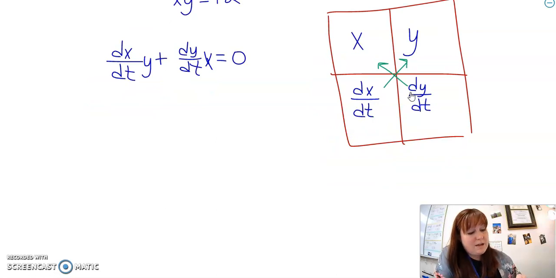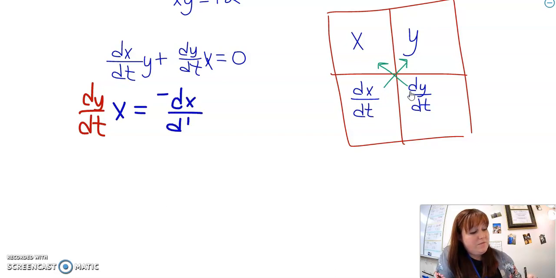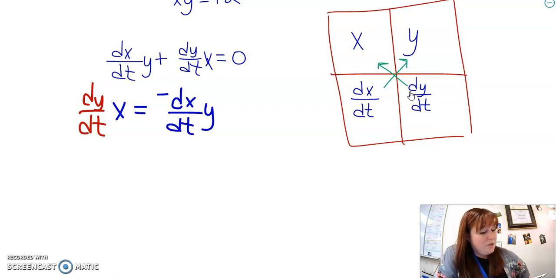So we subtract and we have dy/dt times x on this side equals negative dx/dt times y. And we can, let's divide by, I don't know if I want to divide first. I think it's going to be too messy to divide first.